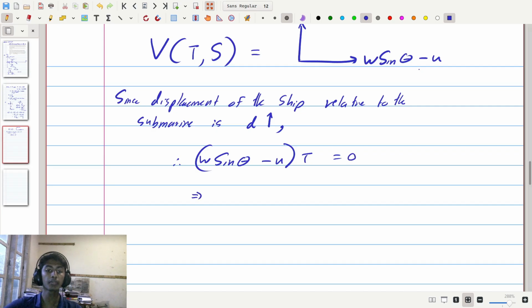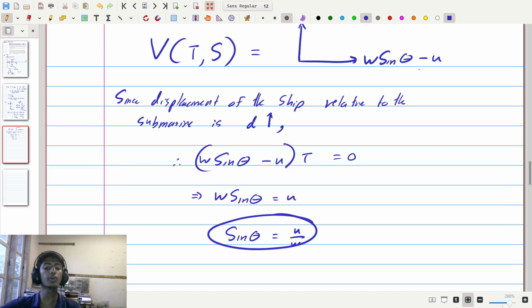This leads us to w sine theta minus u being equal to 0, since t is not equal to 0, leading us to w sine theta equals u, and finally sine theta equals u over w.